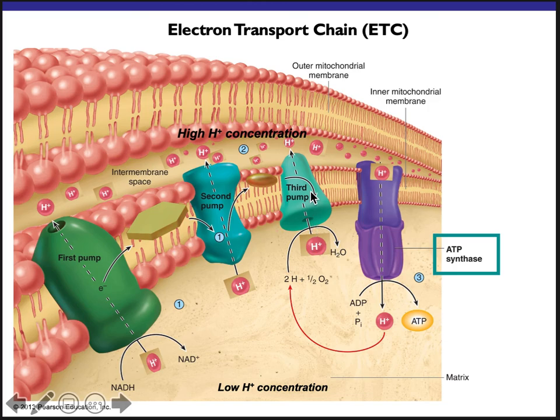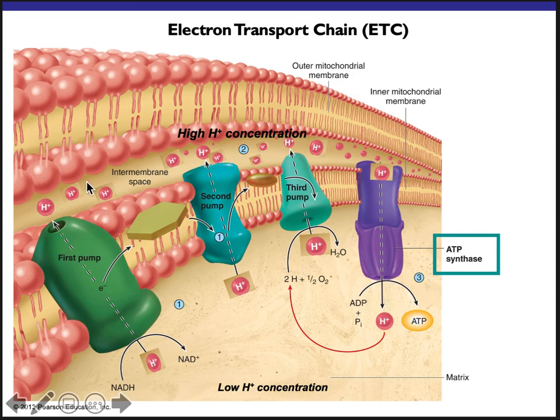So the electron from the third pump does not get passed to ATP synthase. It stops at the third pump and will combine with oxygen and protons to make water. Okay? The ATP synthase simply is harnessing the energy that you have from all of the protons so that you can make ATP.